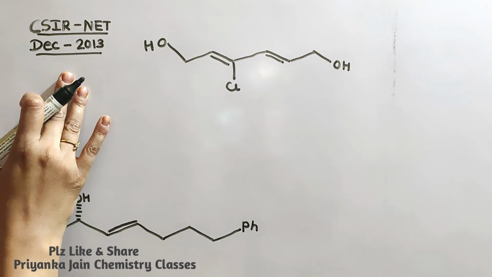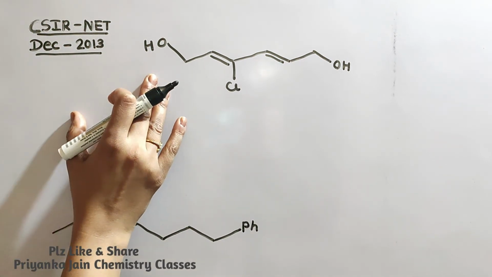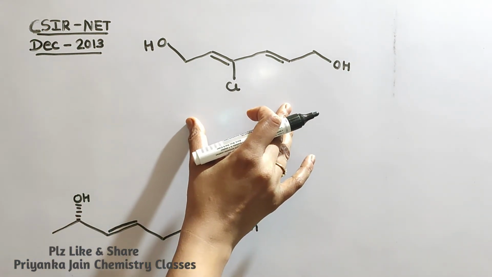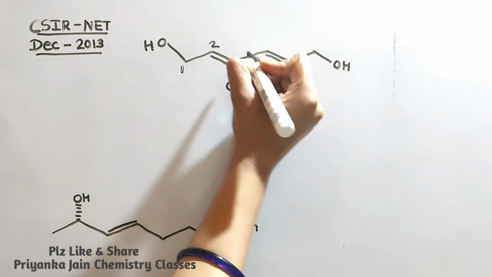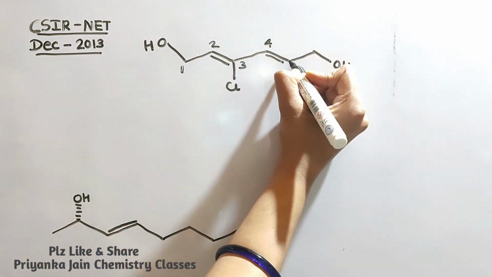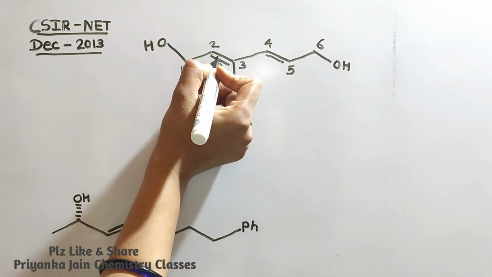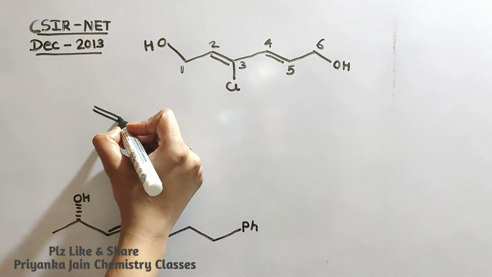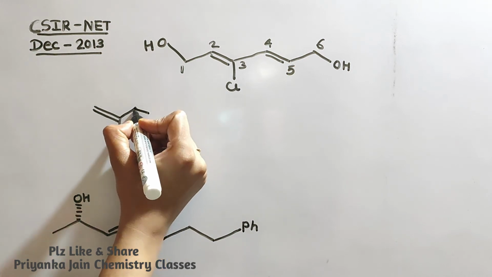Okay, now see this question from the CSIR NET December 2013 question paper. Here we are asked the IUPAC name of this compound. Firstly, you have to see the numbering. Numbering will start from here: 1, 2, 3, 4, 5 and 6, right? Now we have to see the configuration at C2 and C3. This is Cl, and here is a group in this manner.